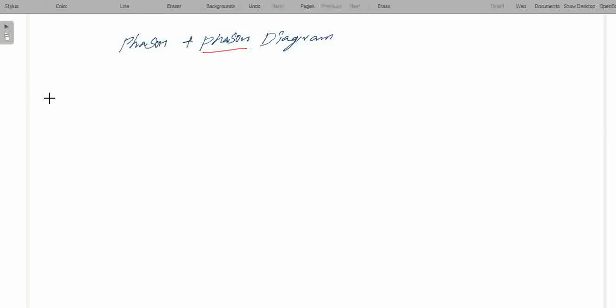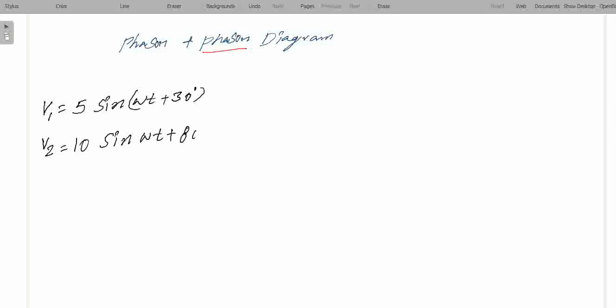Let us take an example. V1 is equal to 5 into sine omega t plus 30 degrees. Then V2 is equal to 10 into sine omega t plus 80 degrees. Let us draw a phasor diagram for this. Let us take coordinates.